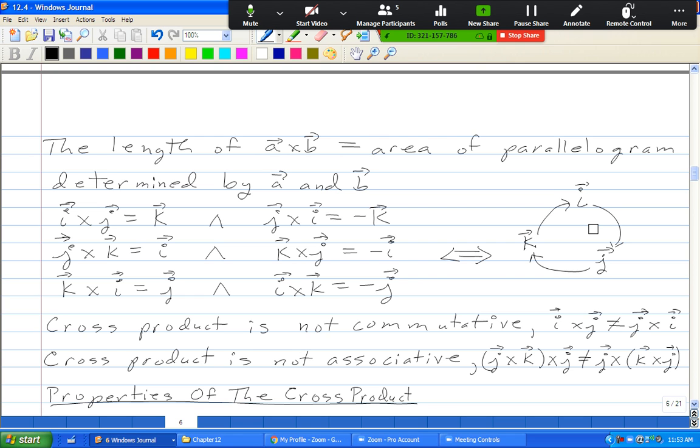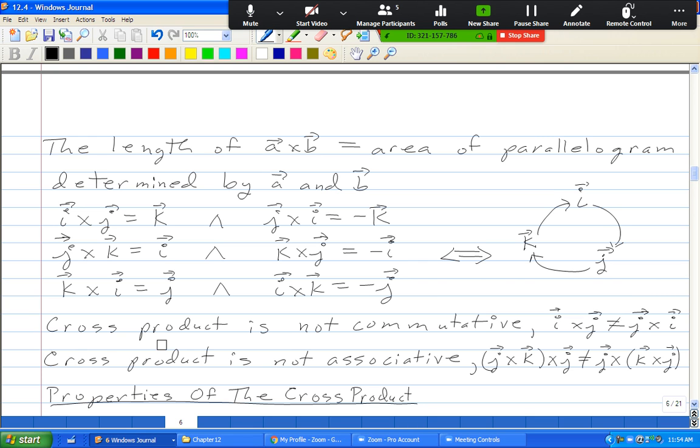So the cross product, as I've said before, is more or less analogous to a multiplication, but it's not a multiplication that we're used to. It's a multiplication that doesn't have many of the properties that you think multiplication should have.